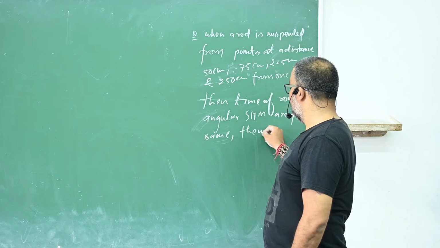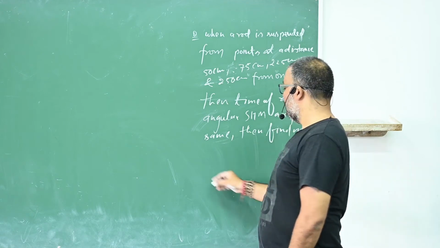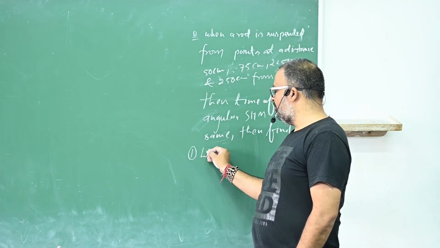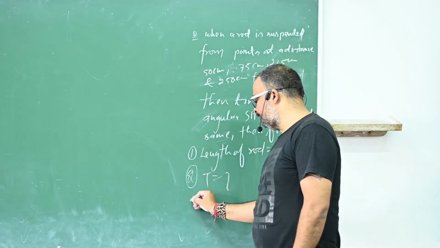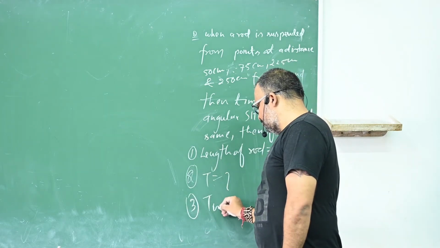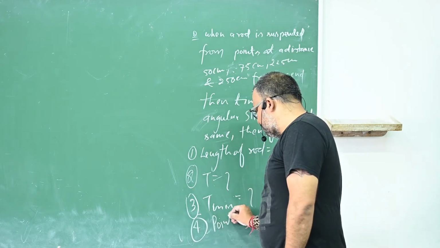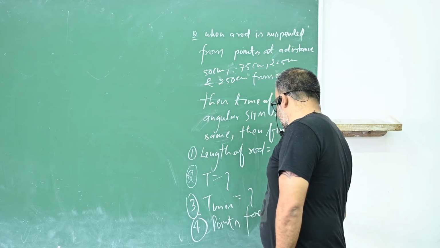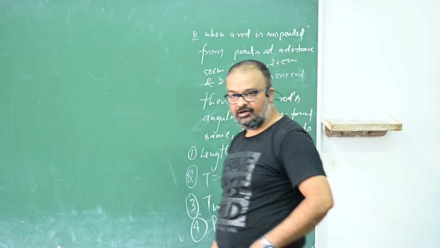Then find out: number 1, the length of the rod; that time period; the minimum time period of the rod; and the points for minimum time period. These 4 questions we have to find out, right?